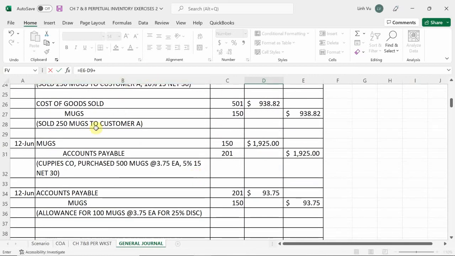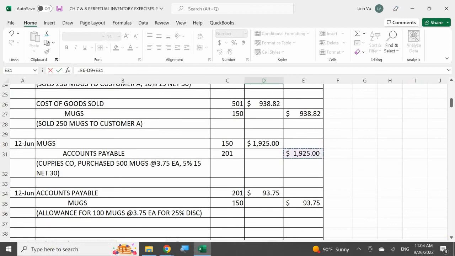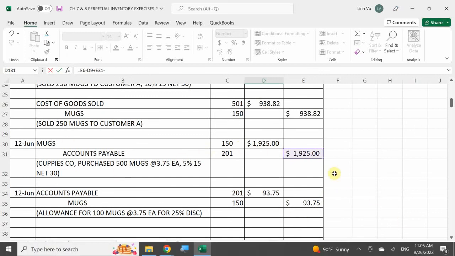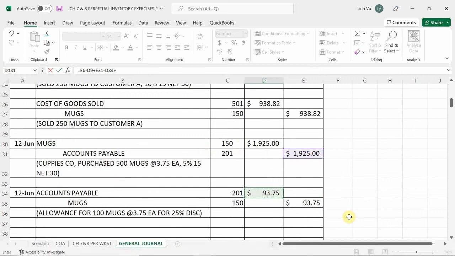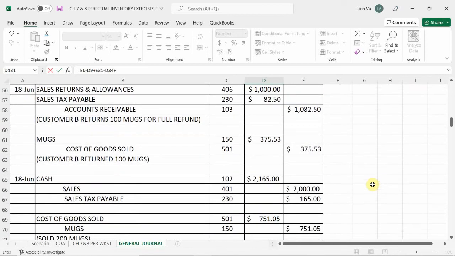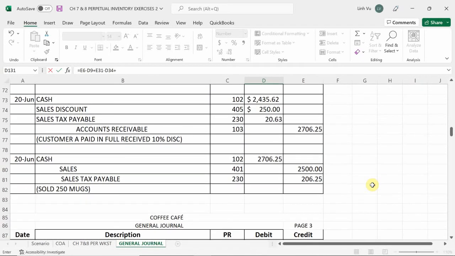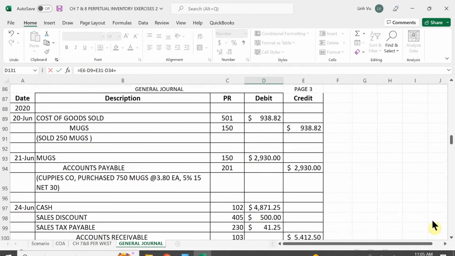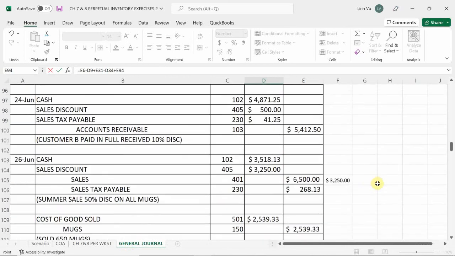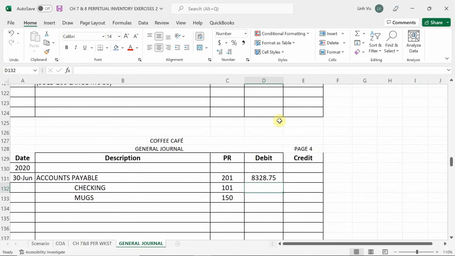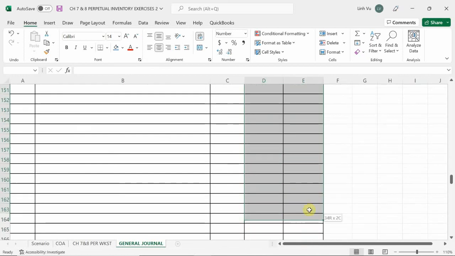Okay, we owed $1,925, but then we end up discounting 100 of those units for $93.75. Okay, and then we made our last purchase on the 21st, for a total of $2,930.